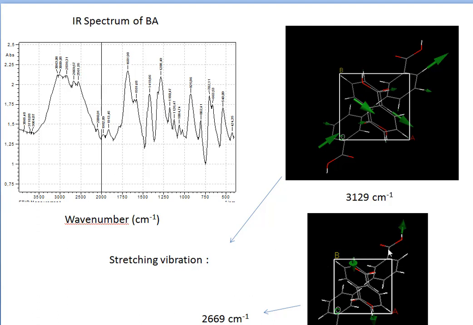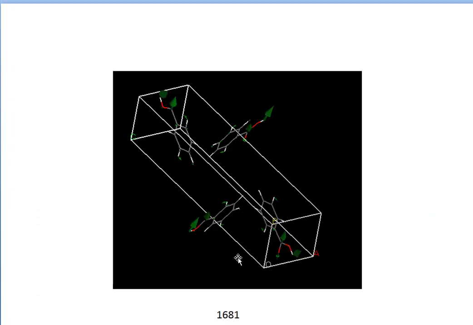Here we can see the OH stretching vibration at about this region, and here for this band we can see this vibration. This vibration is generally assigned to the CO vibration.